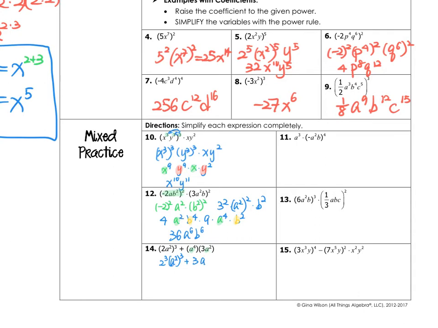I keep the base. I add the exponents. So 2 cubed here is 8. 2 times 3, this is the power rule, is 6. Plus 3a raised to the 6. I have 11a to the 6. Combine like terms, right? My like terms is right here.